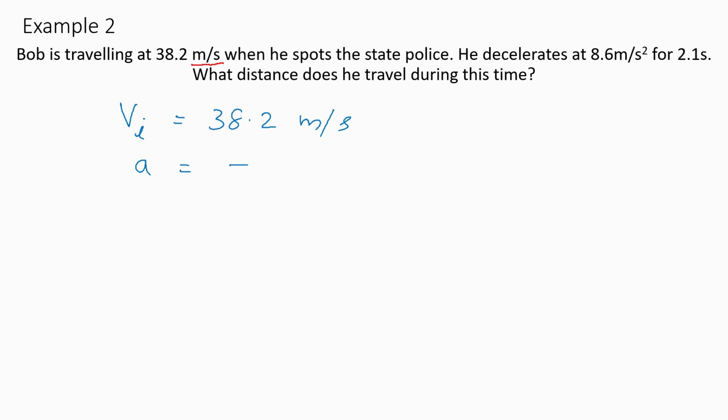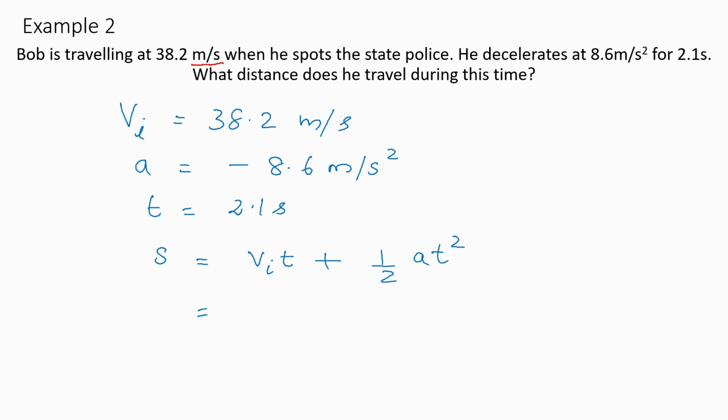So it is minus 8.6 meter per second square, and the time is 2.1 seconds. So here also the distance is asked. So the kinematic equation that has these variables along with the distance is S is equal to Vi t plus half a t square.